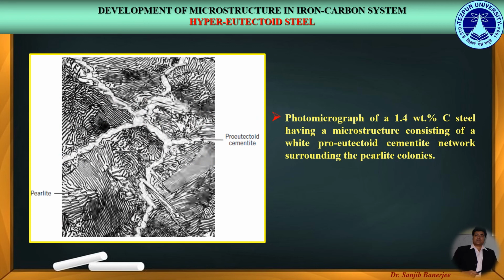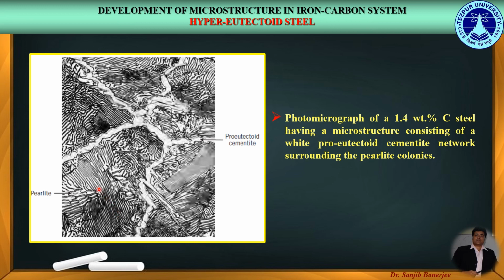Here the photomicrograph represents the final microstructure of the hypereutectoid steel having a composition of 1.4 weight% of carbon. Here we can see the darker regions represent the pearlite colonies, which are the lamellar layers of ferrite and cementite.